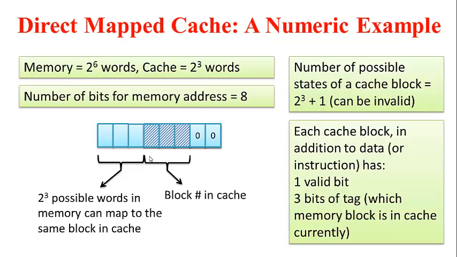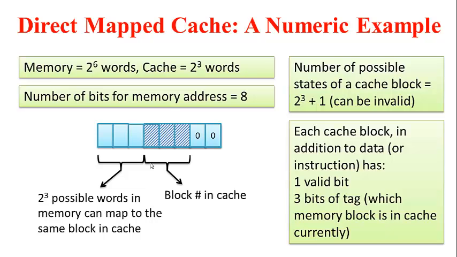For this, corresponding to each cache block, in addition to the data itself or instruction, there is the following cache related metadata which is maintained. There is one bit which tells whether or not that particular cache block has valid data, and in case it is valid, there will be 3 bits of tag which will tell which of the 8 possible memory blocks is in the cache currently.